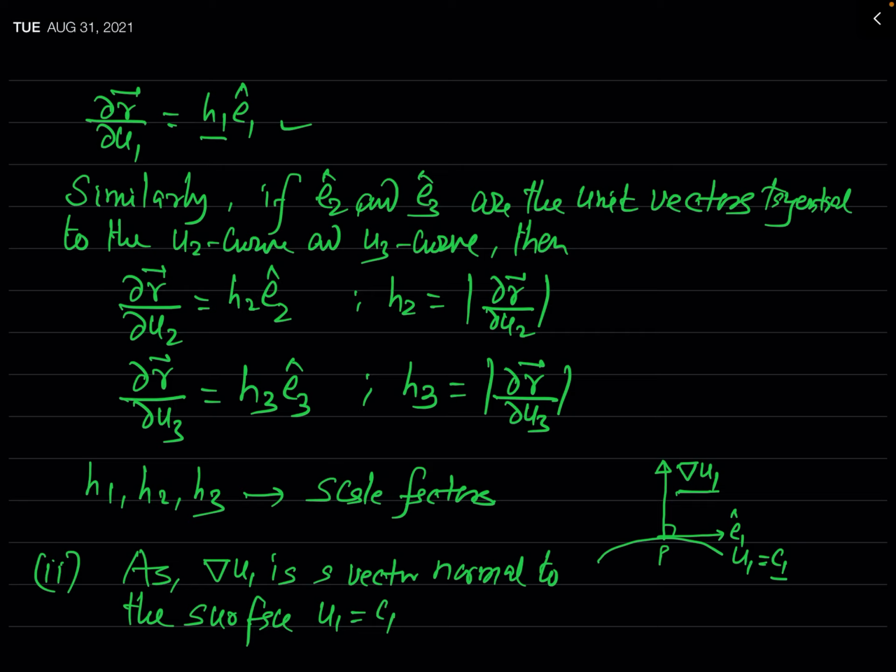So if you want to define a unit vector in the direction of this vector del u1, what will you do? It is very easy. When you divide this vector del u1 by the modulus of this vector, then you will get a unit vector in the direction of this vector del u1.